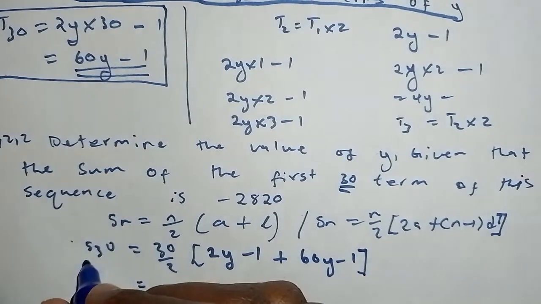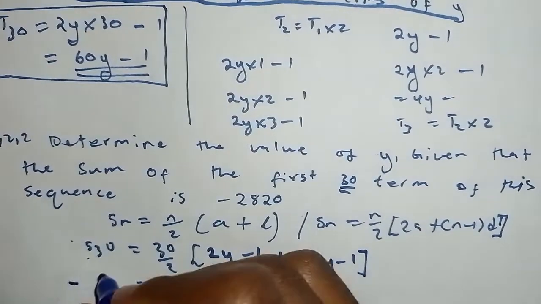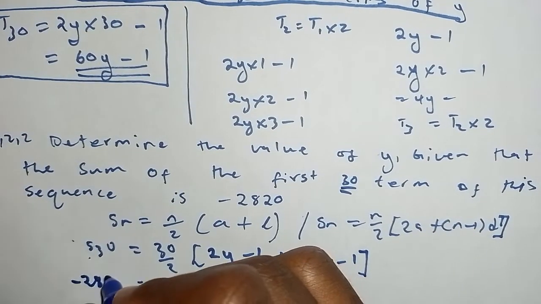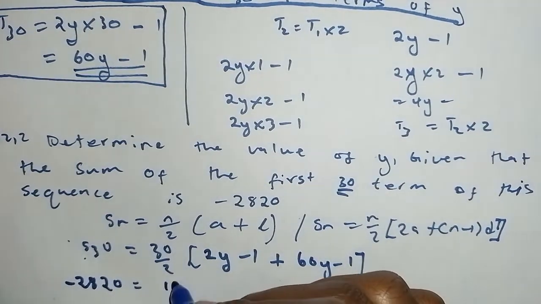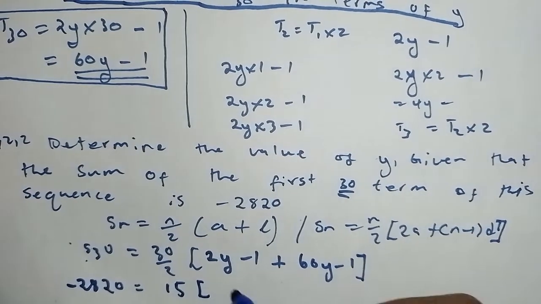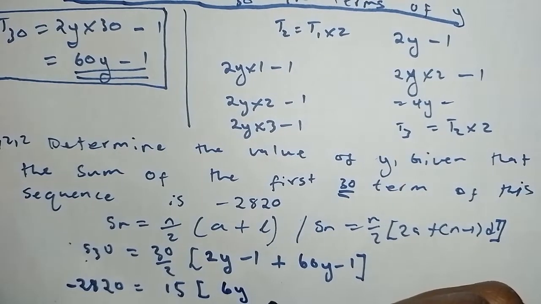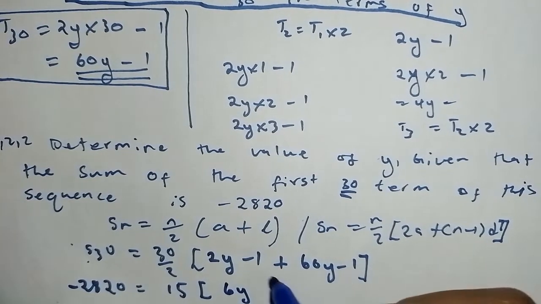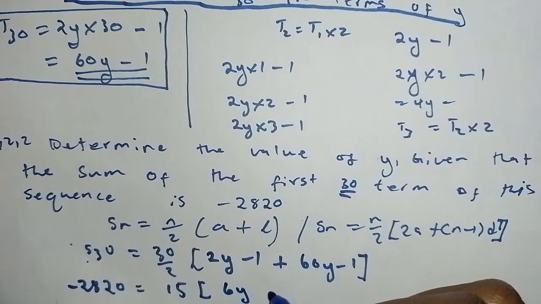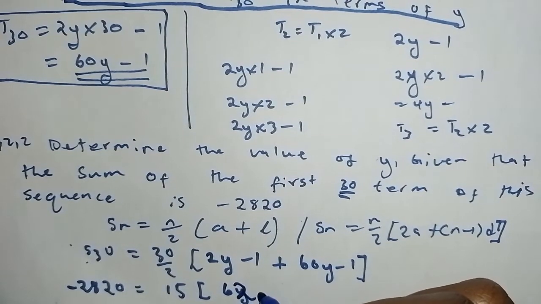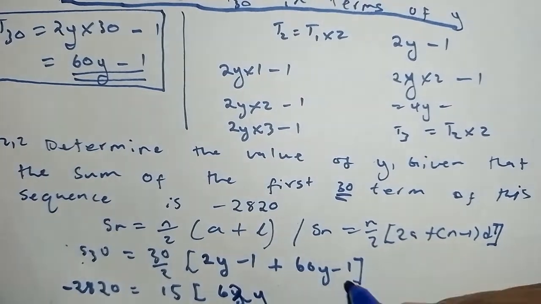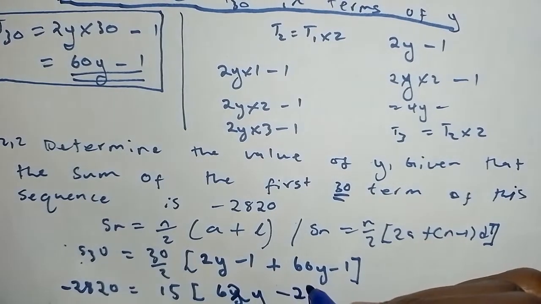Then calculate. Here, I was told that the sum of 30 terms is minus 2820. Then this will give me 15 into this and this. It's 62y. Okay, this negative, it's 62y, not just 6y. Negative is going to be negative 2.